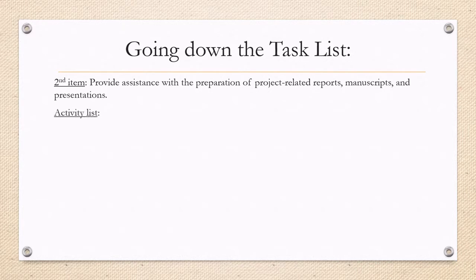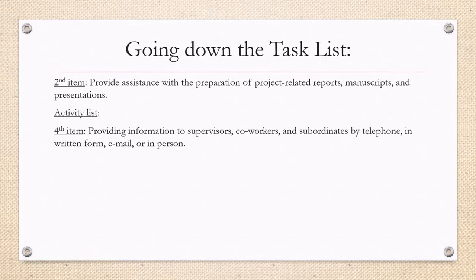On the activity list, the fourth item says providing information to supervisors, coworkers, and subordinates by telephone, in written form, email, or in person. So you may be providing information for a report in an email, or you might even be writing part of that report for your supervisor. Or if you're in a group meeting and you're reporting on what you did for the project so that someone else can write it up.